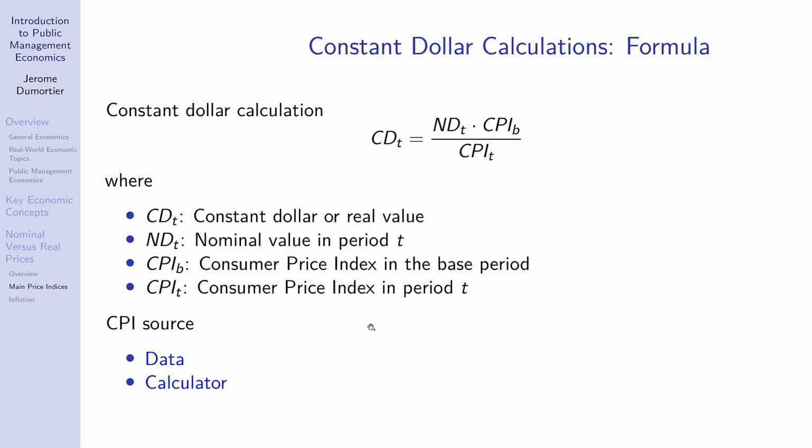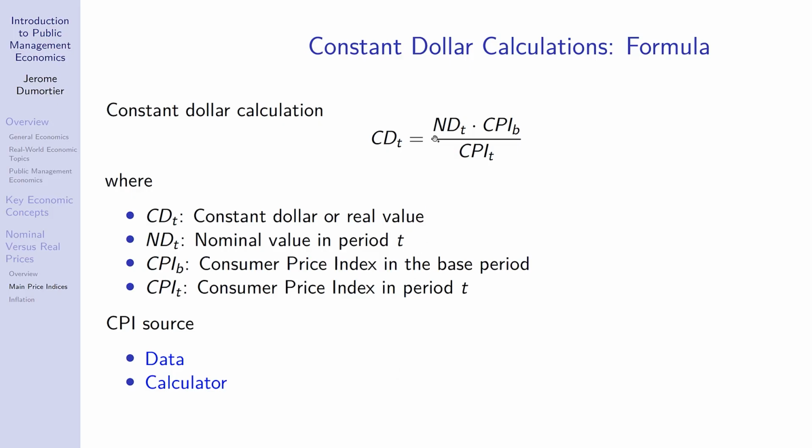Now, we mentioned before that the CPI, and note that this is true for any type of price index, you can use it to convert nominal dollars into real dollars. So here I have put the equation that is required on this slide.